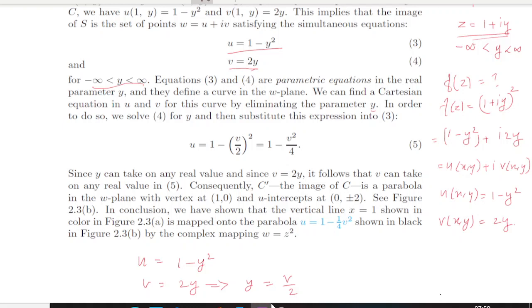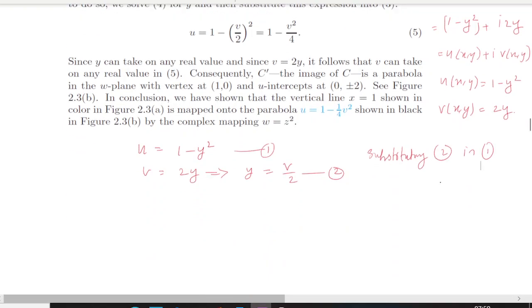Substituting in equation 1, we get u equal to 1 minus (v by 2) whole square.